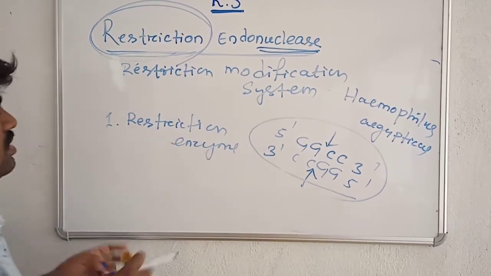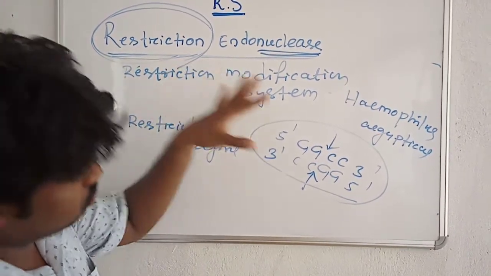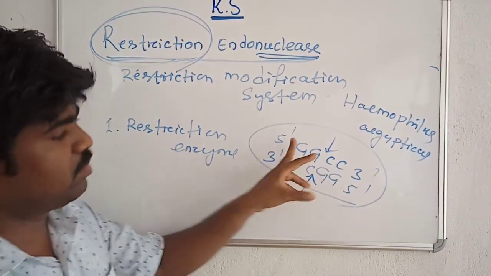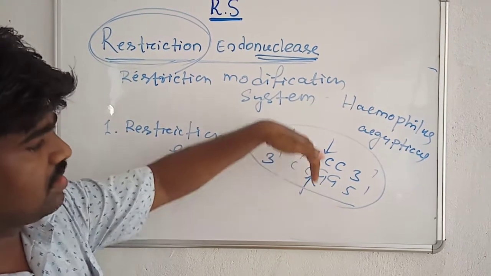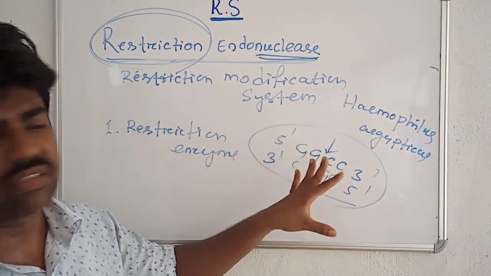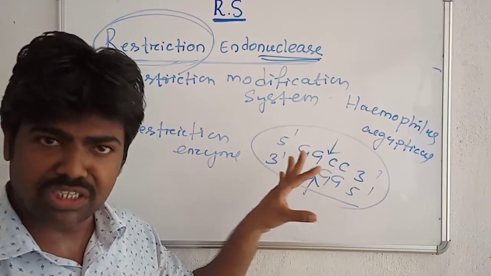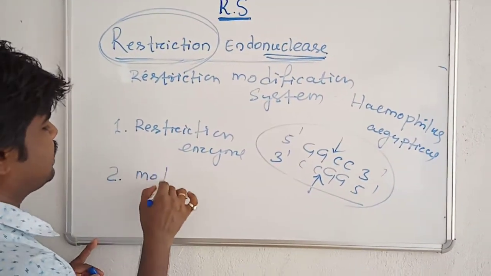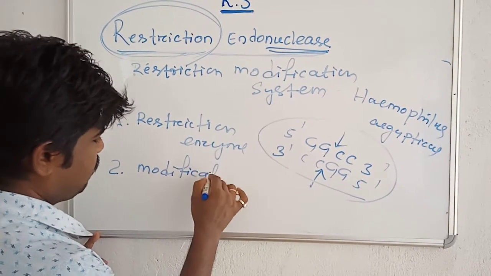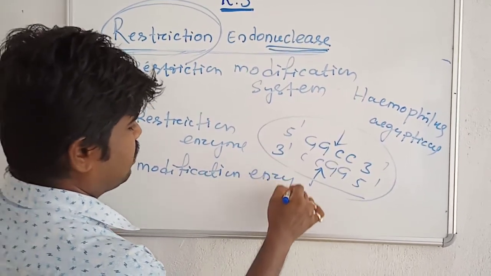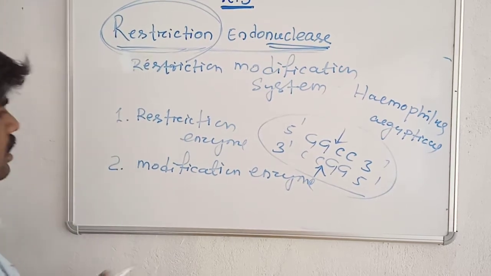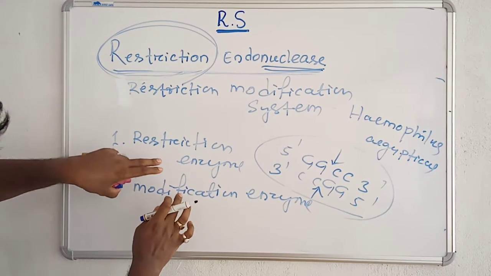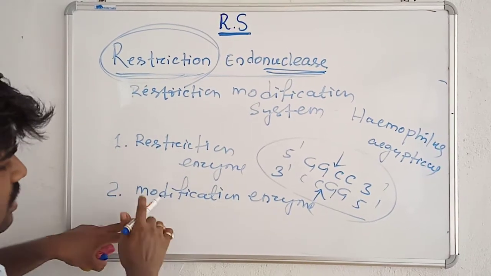enzyme, and the role of this restriction enzyme is to recognize the foreign genetic element. It recognizes a particular base sequence and cuts within this base sequence, that is called the recognition sequence, right? And the second component of the restriction modification system is the modification enzyme.